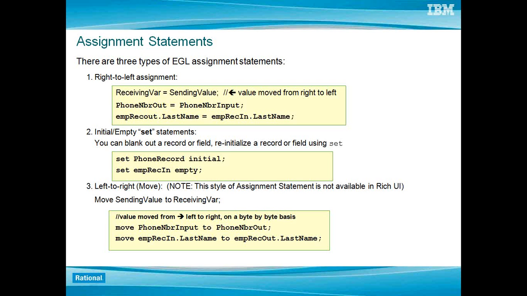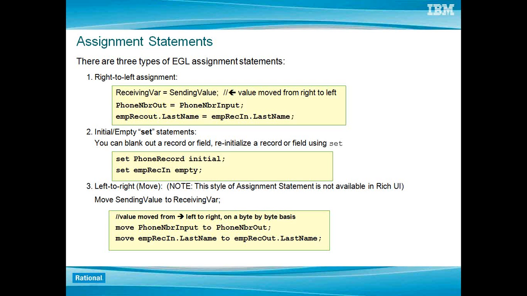We have a third method, which is the move statement. This is similar to COBOL, where we use a move keyword and we move some value from one variable to another variable. Here at the bottom, two examples are given: we are moving phone number input to phone number out.